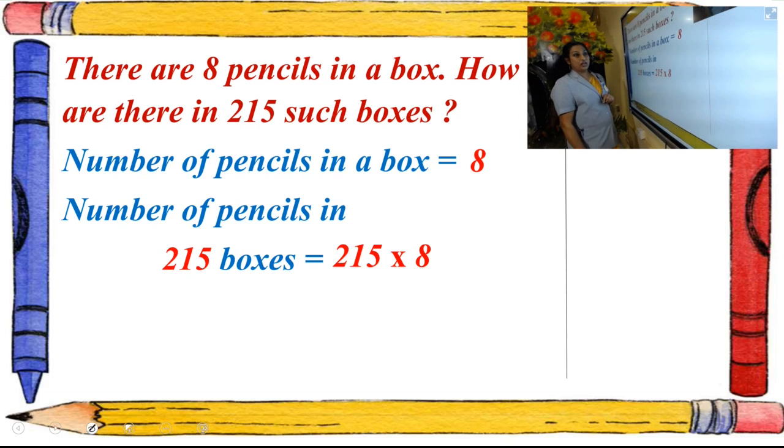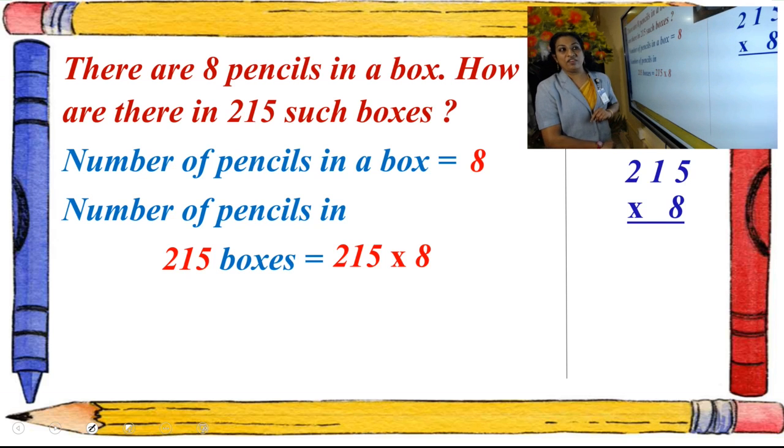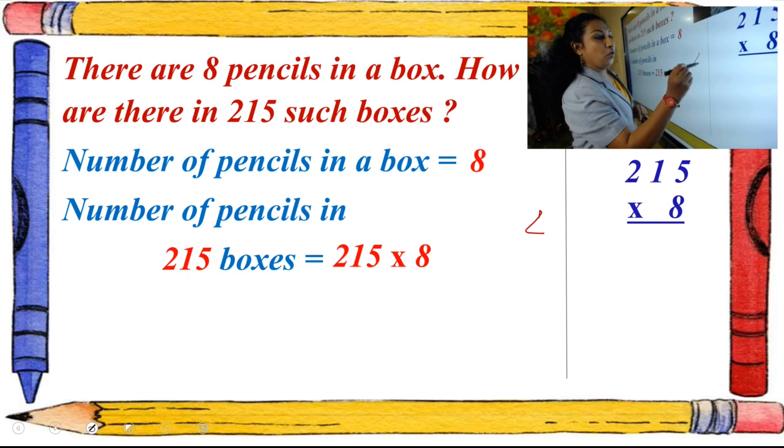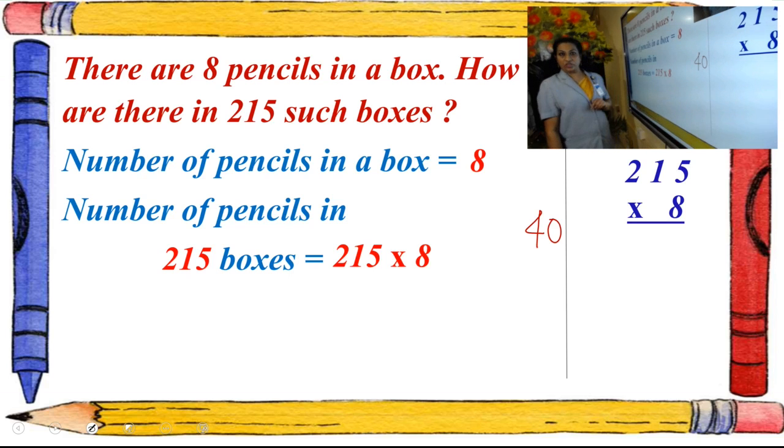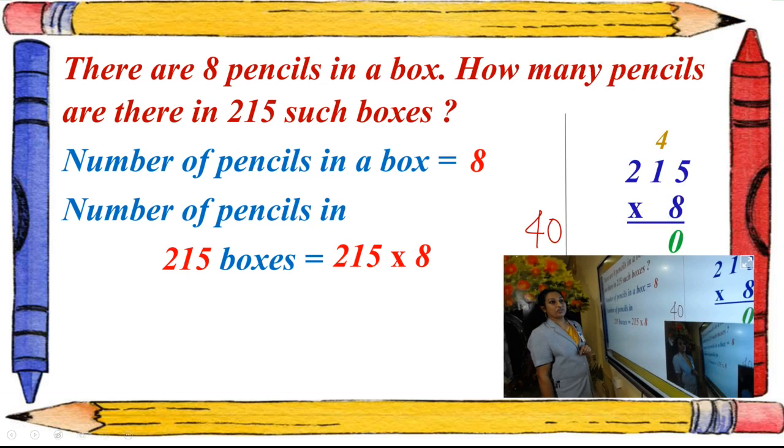So, 215 into 8. How will you do? What is 5 eights? 5 eights are 40, which you will write down: 0 down and 4 above 1, isn't it? Now, again what will you do?